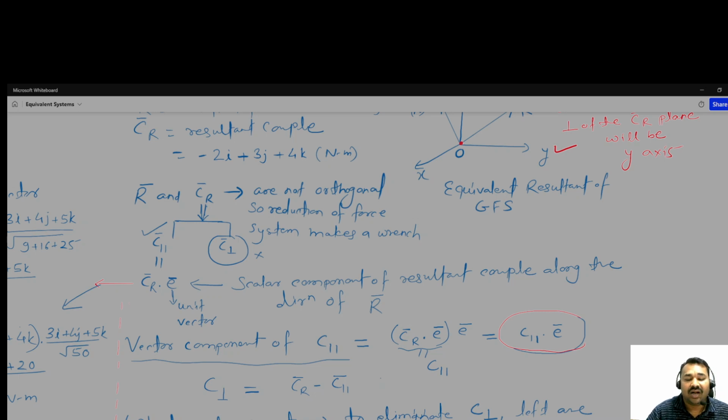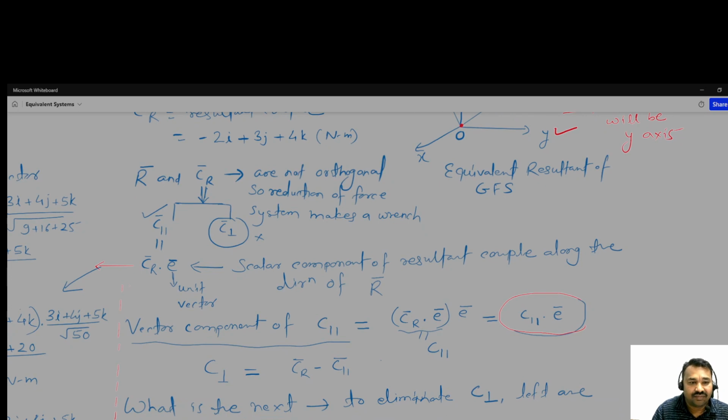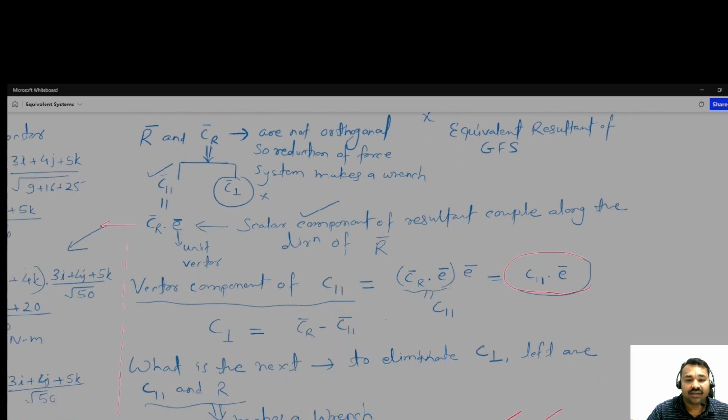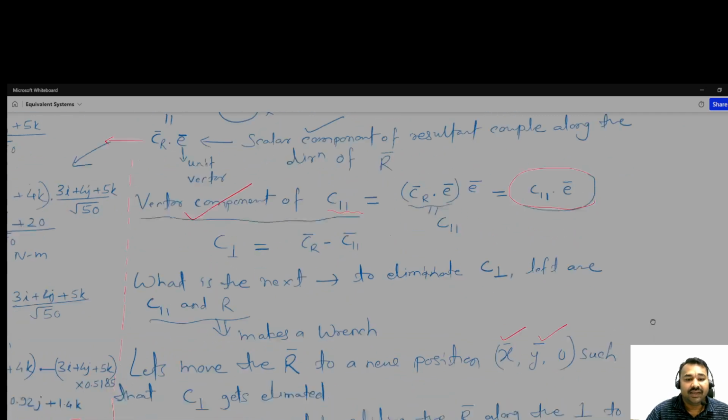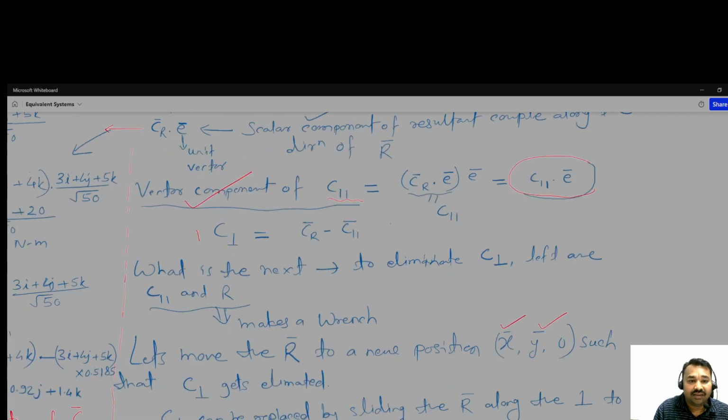Then how to get the scalar component of this parallel couple? Then next, how to get the vector component of the parallel component of the couple. Then how to get the perpendicular component of the resultant couple?